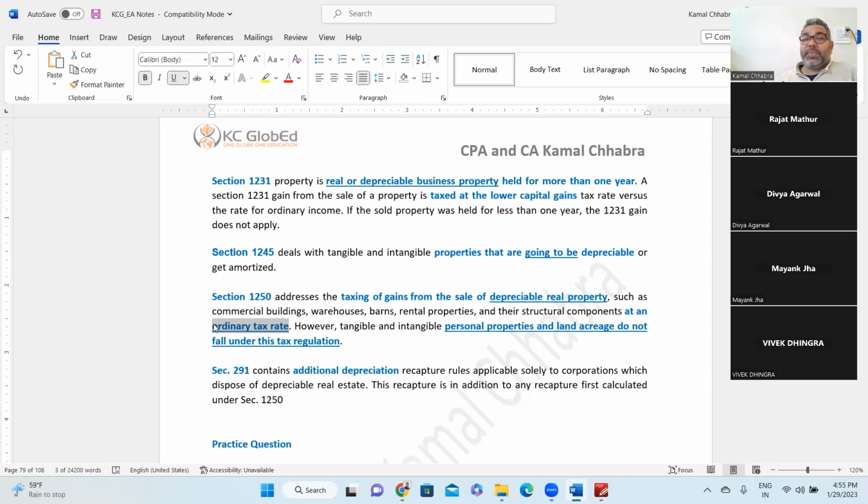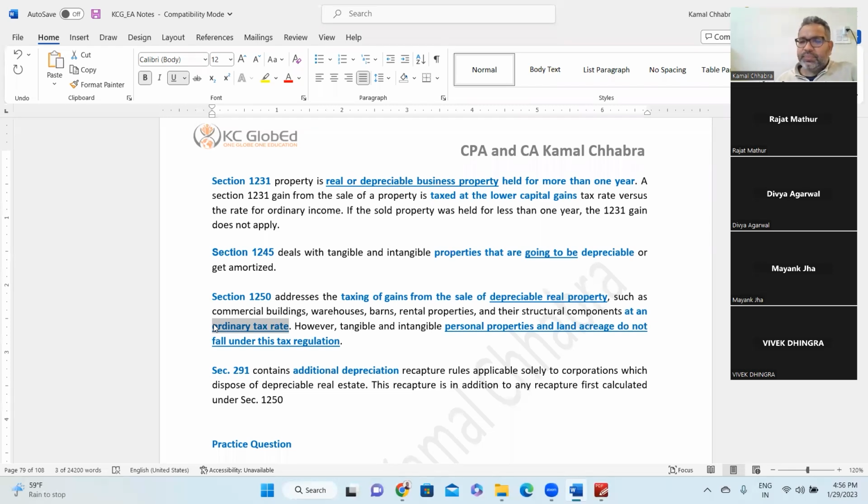So for state tax purposes, you can consider $300,000 as a property value, or whatever is the depreciation on $200,000 multiplied by 150% that you can claim. That comes under section 291. Section 291 is the additional depreciation rules.